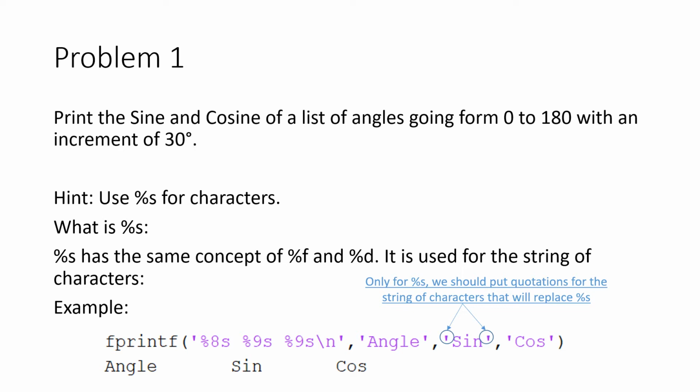You can instead write down angle, sine, and cosine, and this will be printed out like the following. Okay, so this is why you can use %s. Now don't forget that for %s you should also put quotations because this is a string of characters.